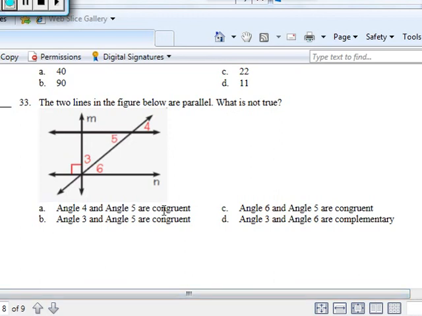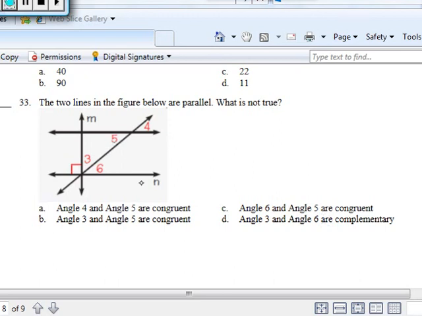Angle 4 and angle 5 are congruent. Is that going to be a true statement? Yes, it is, because angle 4 and angle 5 are vertical. Does everybody understand? They are congruent. B, angle 3 and angle 5 are congruent. Let's skip that one. Angle 5 and angle 6 are congruent. Would that be true? Yes.